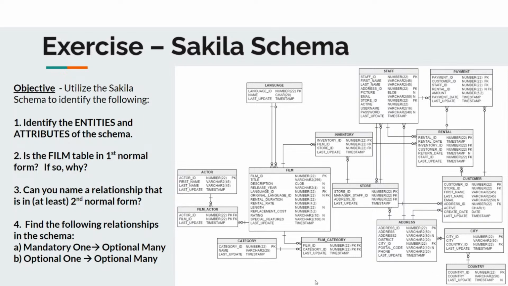Yours is going to be on the consoles data, but we'll quickly go over the Sakila schema. And this is actually laid out a lot nicer than what we saw when we reverse engineered the database. I think that I could more easily find the relationships in here instead of all those lines drawn all over the place.